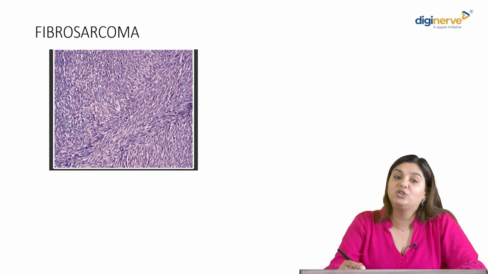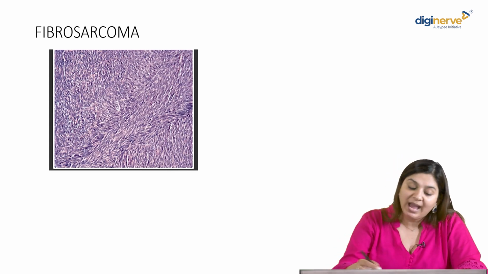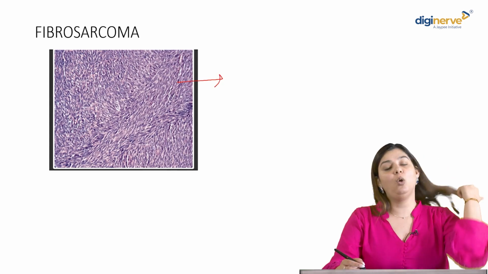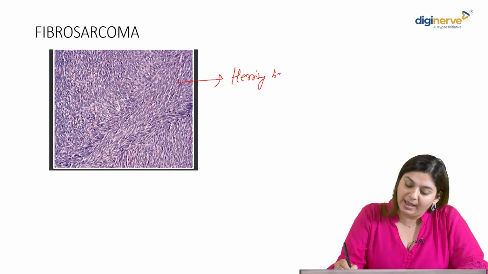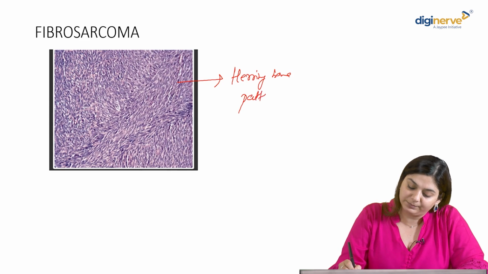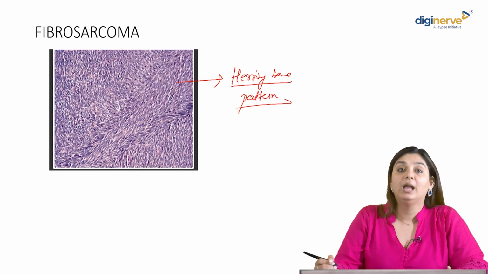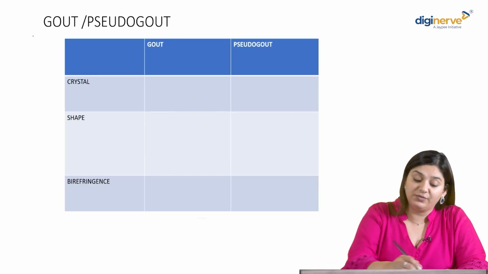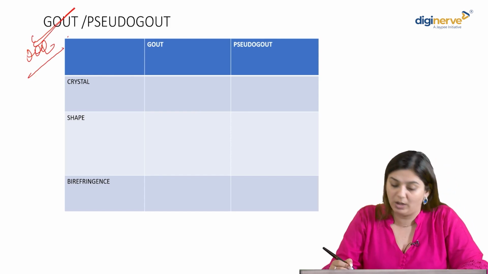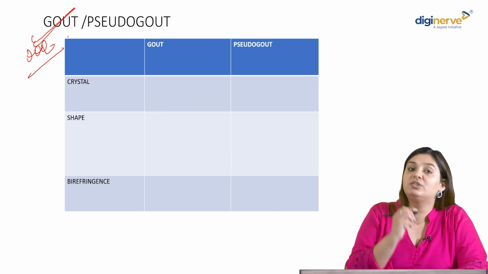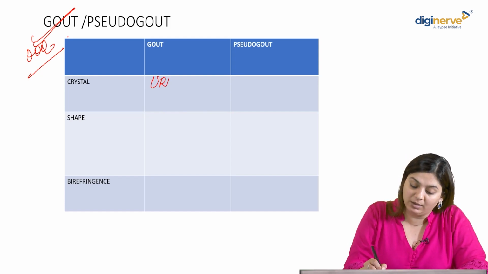Now, the next condition is fibrosarcoma, and as you can see, all the fibroblasts are arranged in a herringbone pattern. Now, we move to the next thing that is very, very important, that is gout versus pseudogout. So, in gout, the crystals deposited are the uric acid crystals.